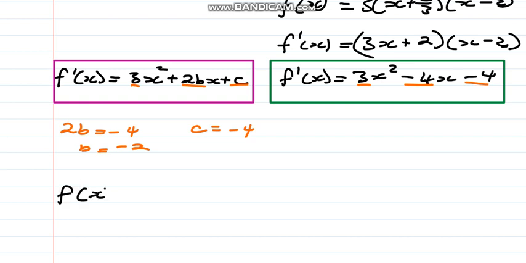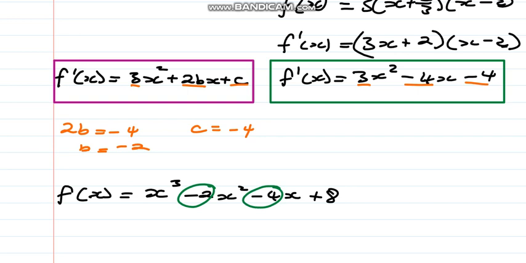So that would be x cubed plus, or maybe minus, because my b is negative, 2x squared, minus 4x, and then the thing was a plus 8, and we have found that and that.